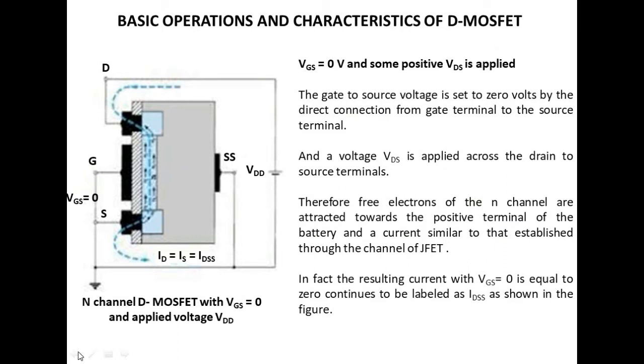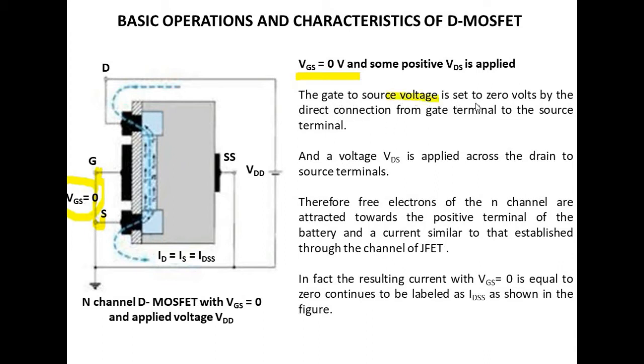Now let us start with the first case, that is VGS equal to 0. VGS equal to 0 means we are applying a short circuit between gate and source. Here we see that gate and source are directly connected with each other, that is VGS is equal to 0.